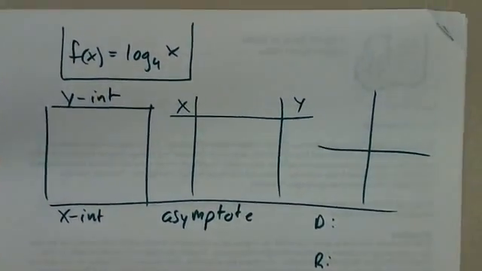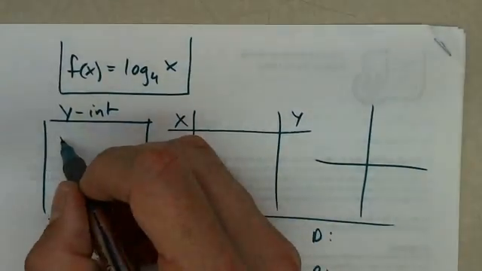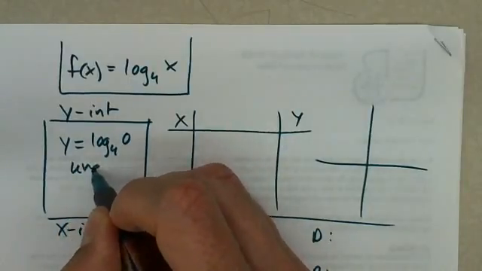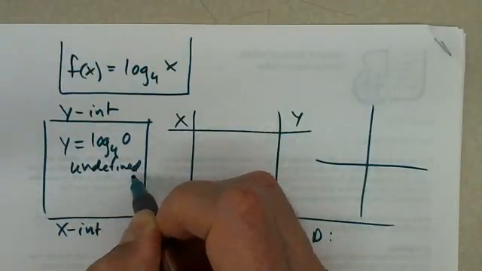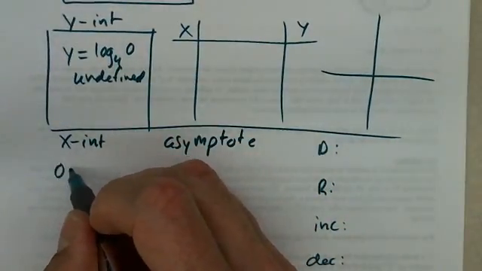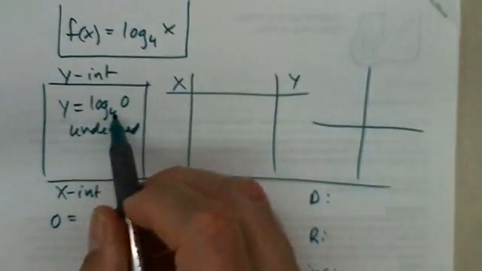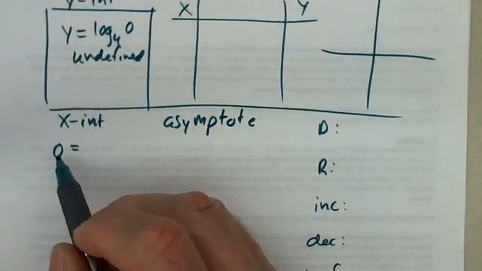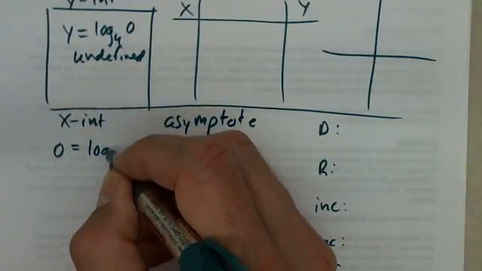Okay, so the y-intercept is when x equals 0, and that's undefined. No y-intercept. The y-intercept is when x equals 0. The x-intercept is when y equals 0.